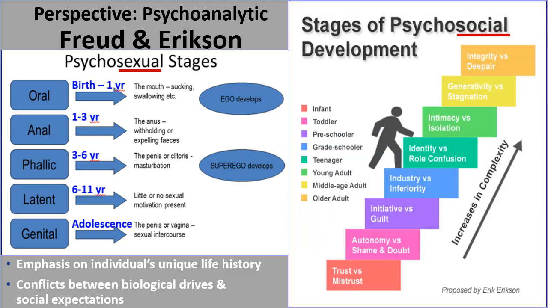Erikson, who is a psychoanalytic person, came up with different names for the stages of development and added the social construct to that. You're going to get inundated with these stages throughout the book, so this is just an overview right now.